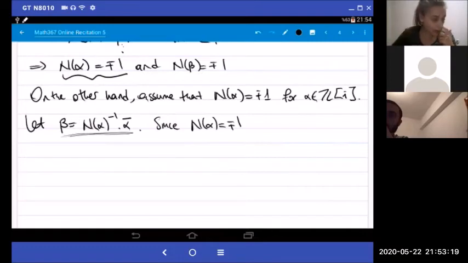Since the norm of alpha is plus or minus 1, we are sure that the coefficients of beta are also integers, right? Because alpha is from Zi, the coefficients of alpha are integers, so the coefficients of beta are integers.